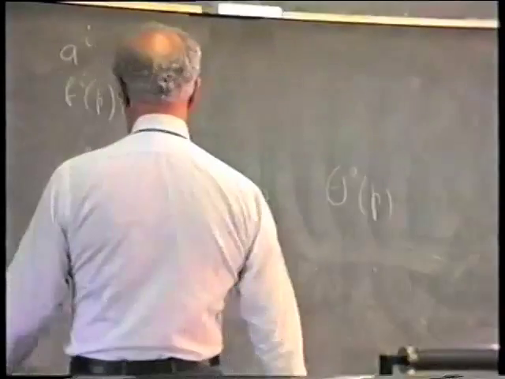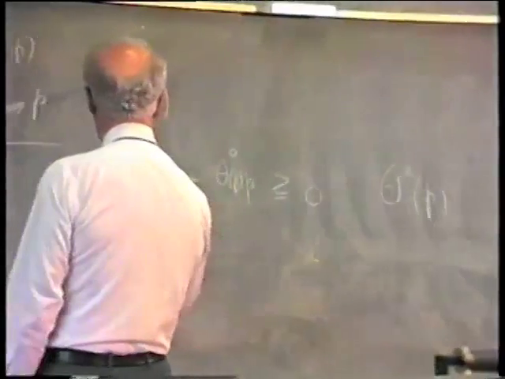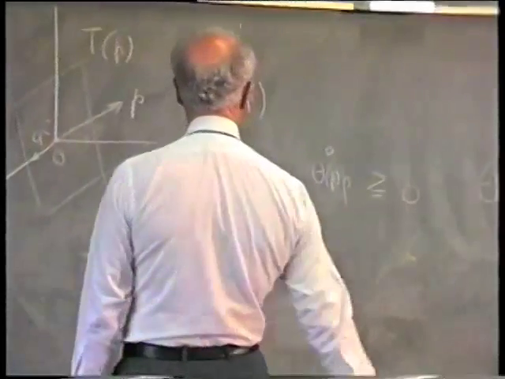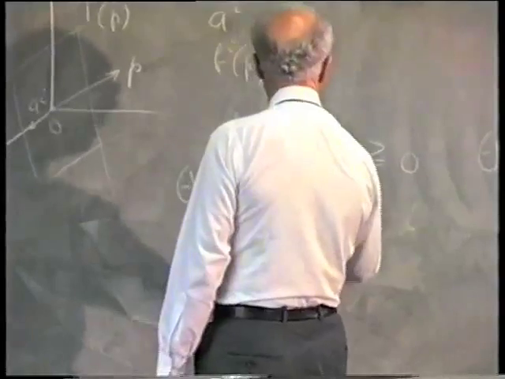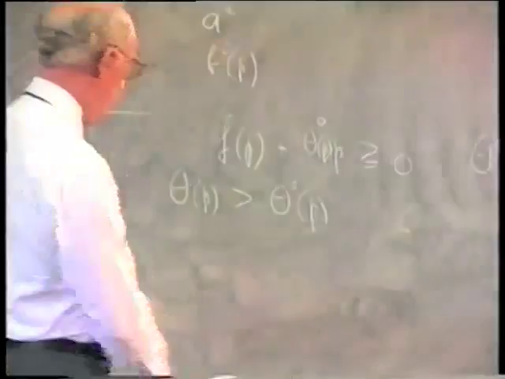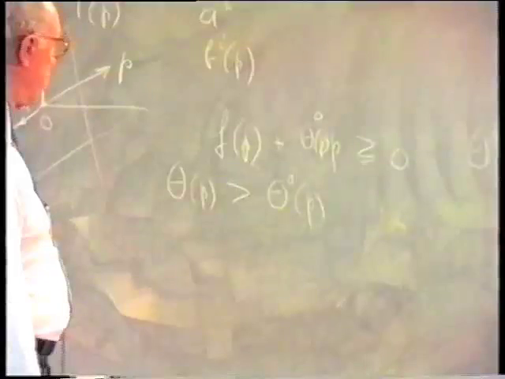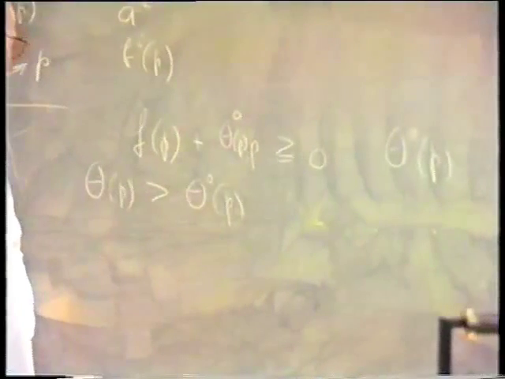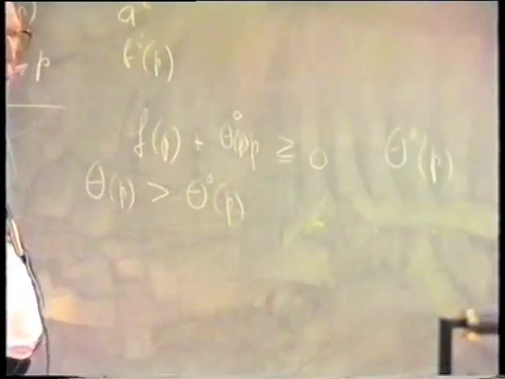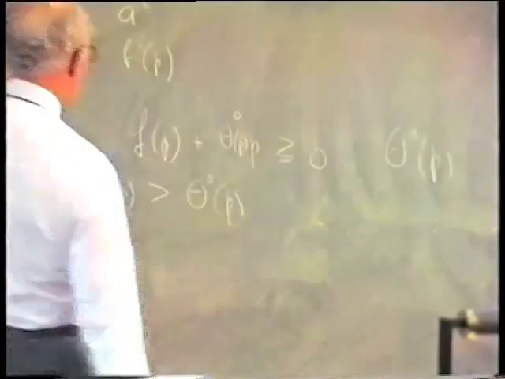continuous. And now I take a function theta of P that is continuous and that is strictly greater than theta 0 of P. And if theta 0 of P has those simple properties, it's a continuous real valued function of P, then surely you can find easily a theta doing that.